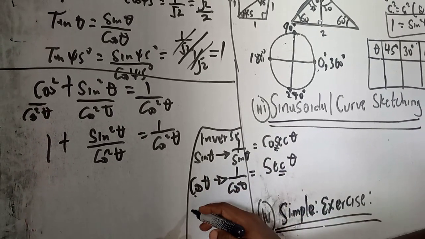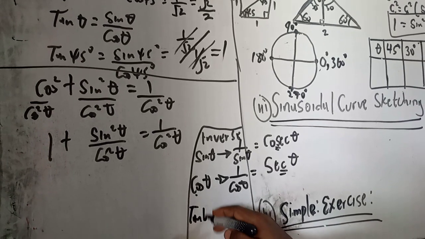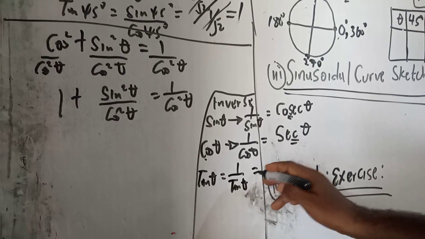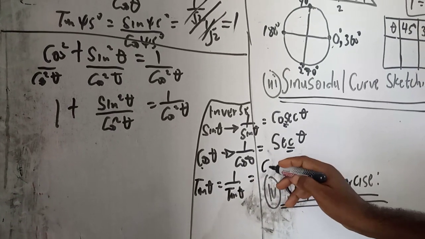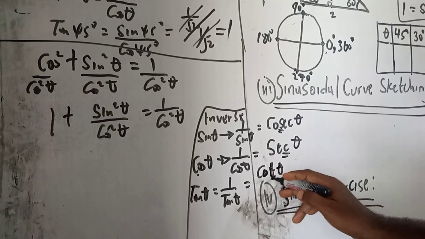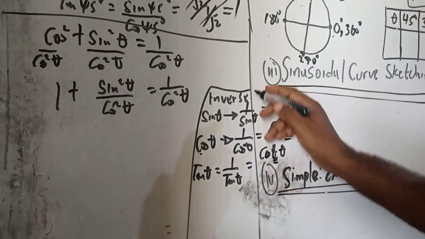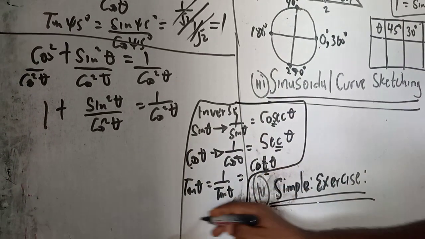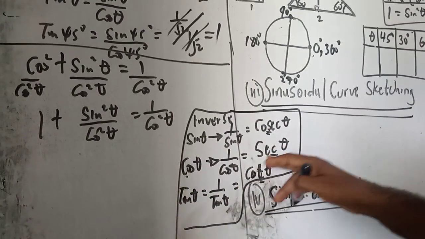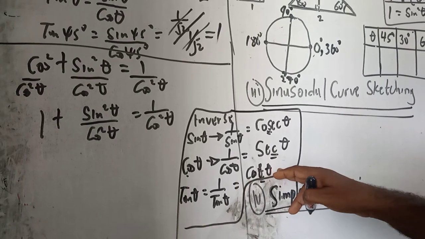So for tan theta, the inverse of tan theta is 1 over tan theta, and this 1 over tan theta is known as cotan theta. The third letter of cotan theta is t, so t goes with tan theta. So look at it very well. Inverse of sine theta is cosec theta, inverse of cos theta is sec theta, inverse of tan theta is cotan theta.